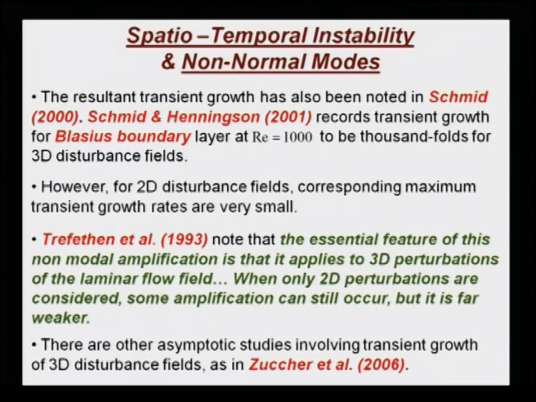When you look at the corresponding 2D disturbance field, these growth rates are far smaller. That led Schmid and his co-authors to comment that the essential feature of this non-modal amplification is that it applies only to 3D perturbation fields, and when you consider the same for 2D perturbations, this is a far weaker mechanism.